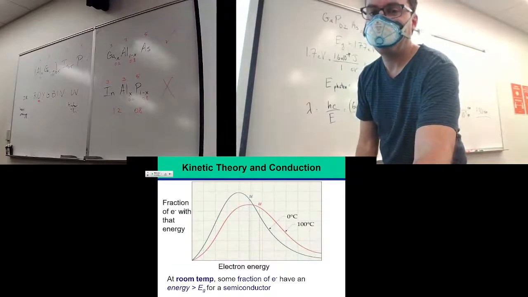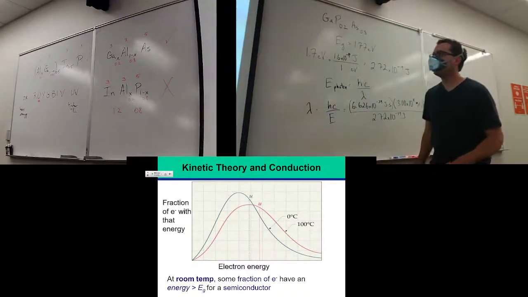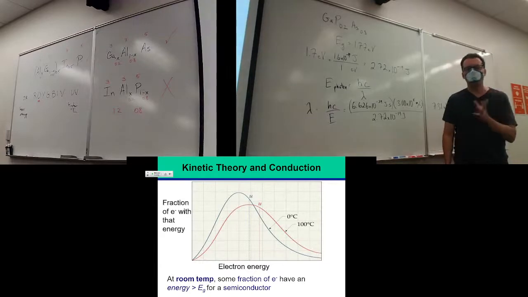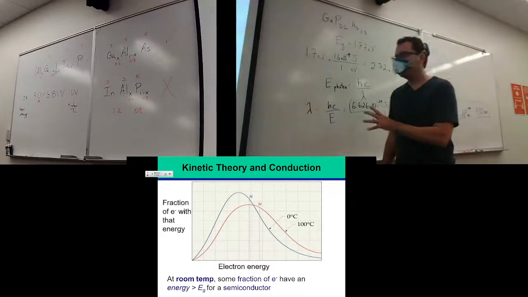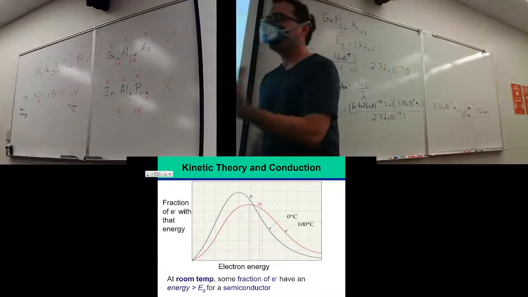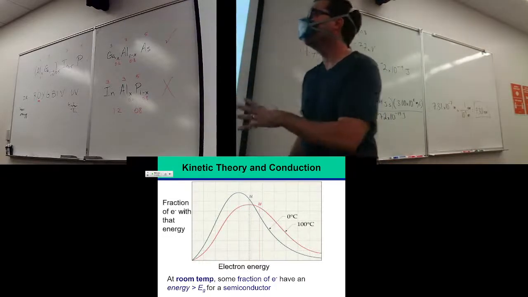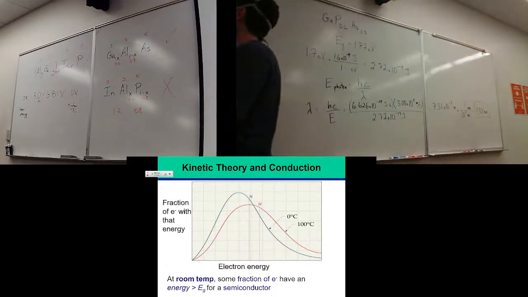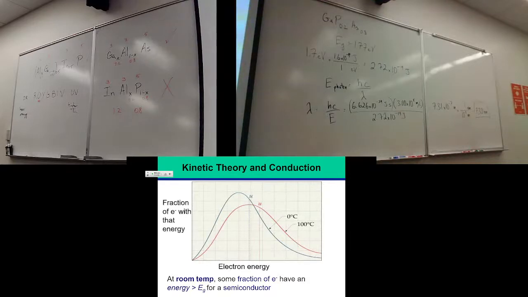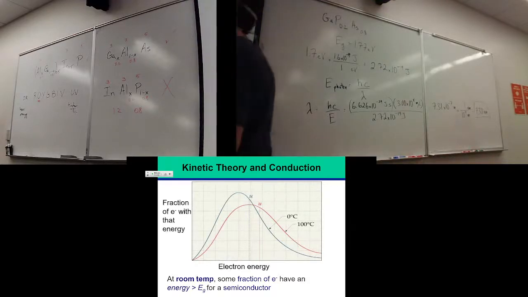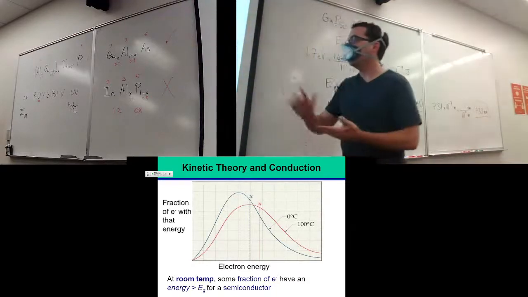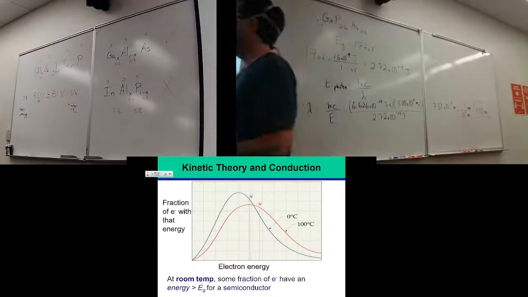So this is where I'm coming back to this diagram here, and we will see this again in detail later on. But this is called a Boltzmann distribution. Don't worry about the name yet. And let me describe what you're seeing. The x-axis tells you energy, labeled electron energy.